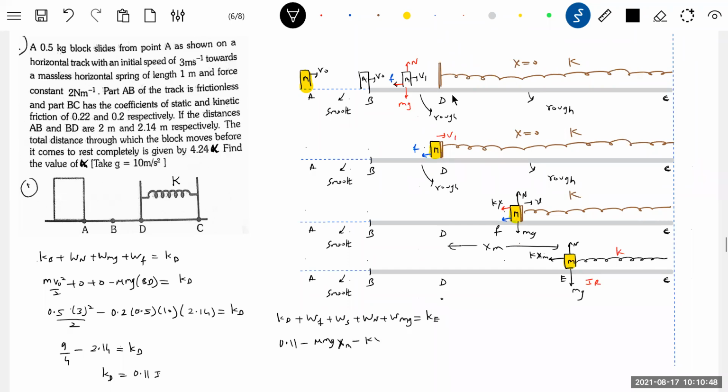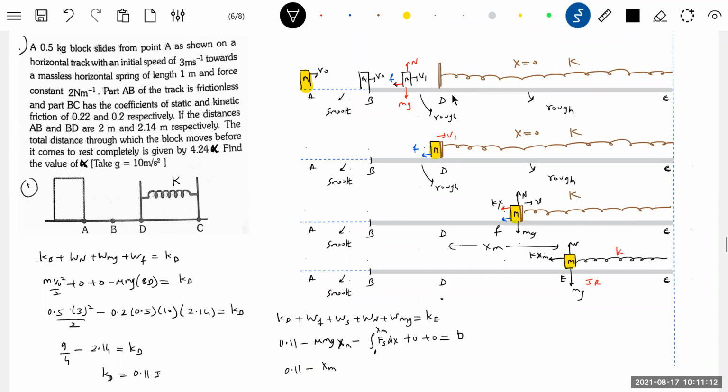Work done by spring force. How do we write it? Actually, spring force into dx, integrated from 0 to xm, because it is a variable force, no? Work done by normal contact is 0, and finally it will be 0. Mu mg, this will be 1.